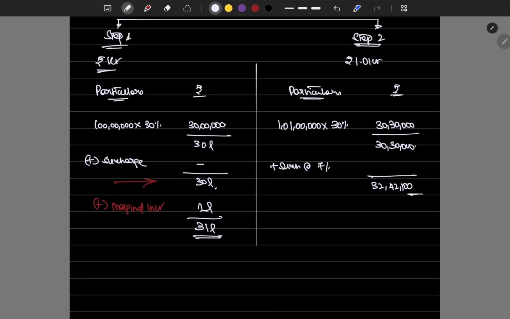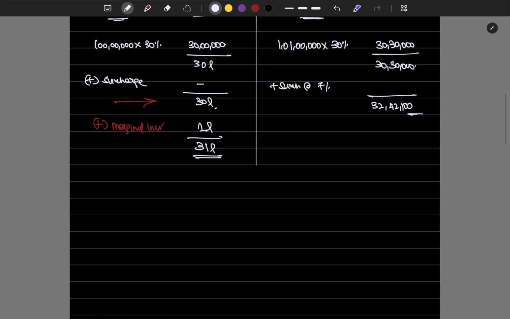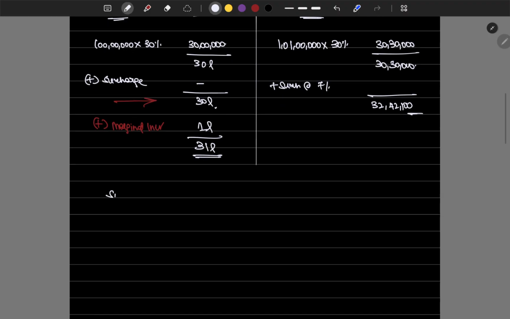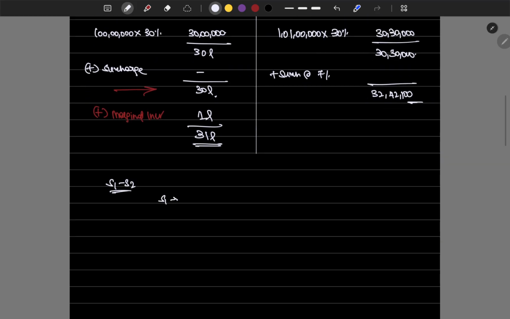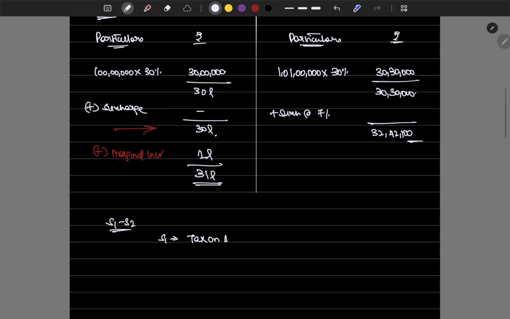We should be careful not to add the HEC here, because we are going to consider the marginal relief before the health and education cess. Now, step 2 minus step 1.